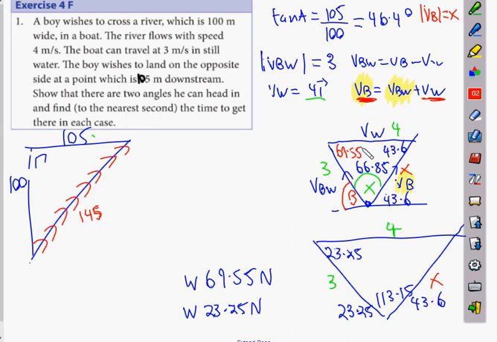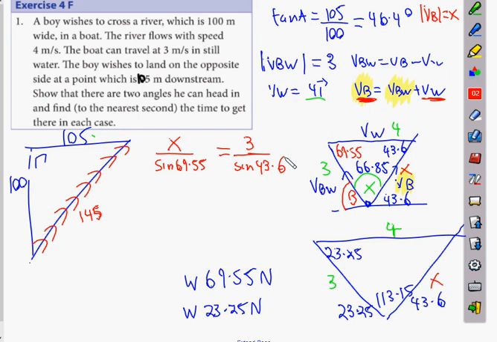So we have, you turn the sine rule upside down, so we have x over sine 69.55 equals sine 3 over sine 43.6.